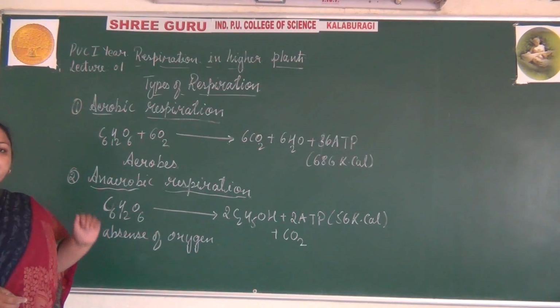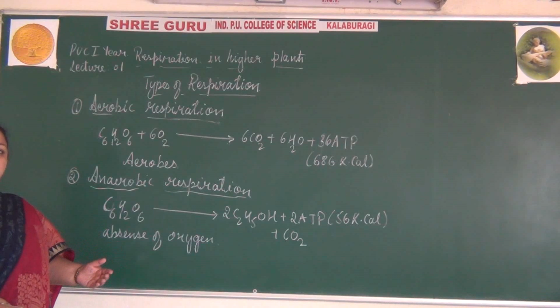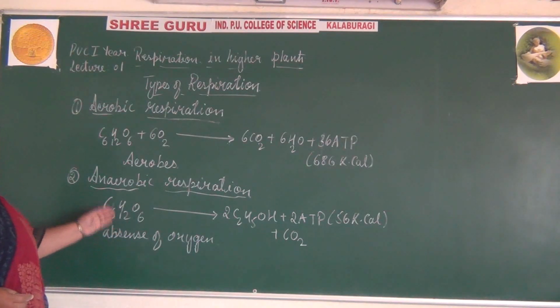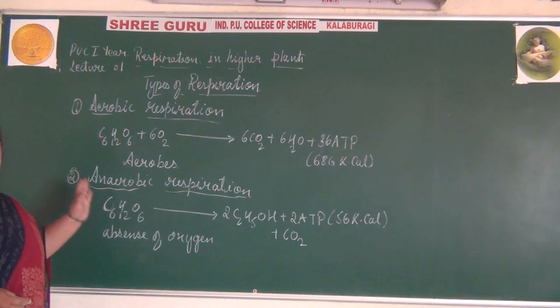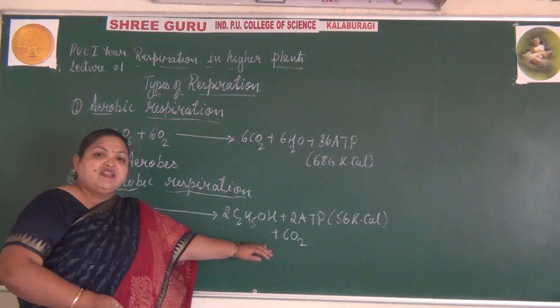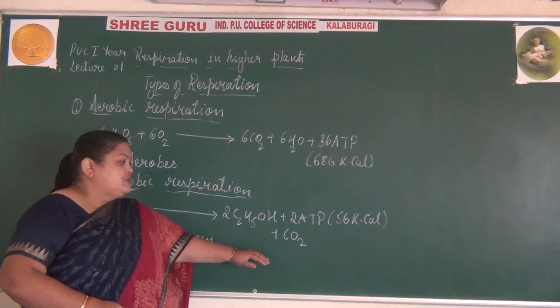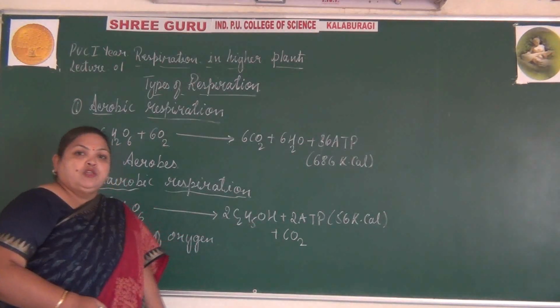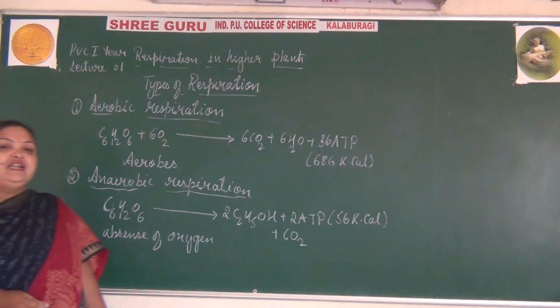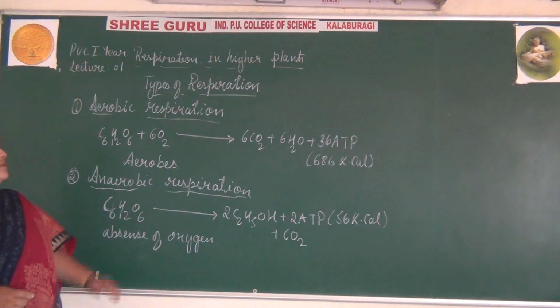Or you take the preparation of alcoholic drinks, where the cane sugar or the grape sugar is converted into alcohol with the release of carbon dioxide, and during this process only 2 ATP molecules are produced, that is equivalent to 56 kilocalories of energy.